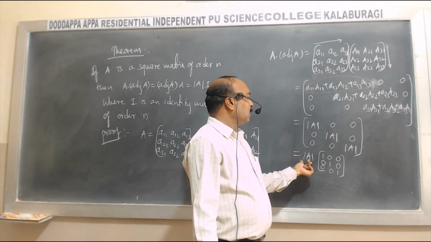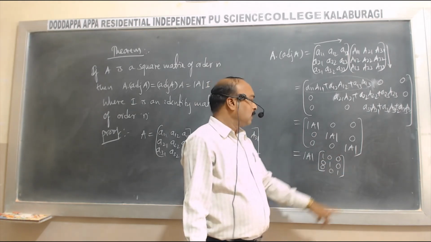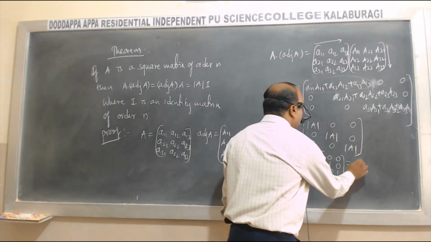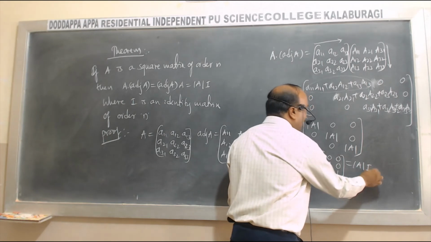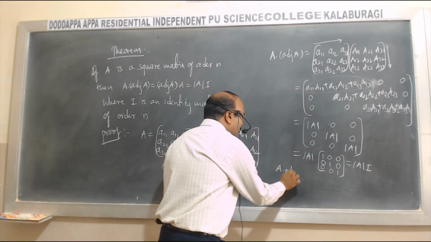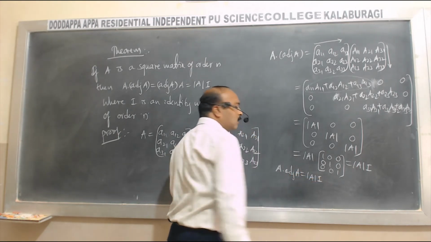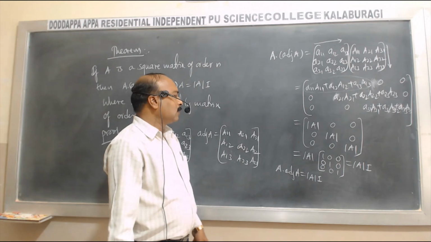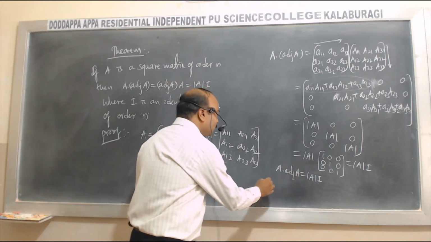Once again, if you multiply this matrix by determinant of A, we get the same result. Now we observe that this is nothing but the identity matrix, it is equal to I. Therefore, we get the result A into adjoint of A equal to determinant of A into I. Now it is nothing but the first result. Similarly, we can prove the other.